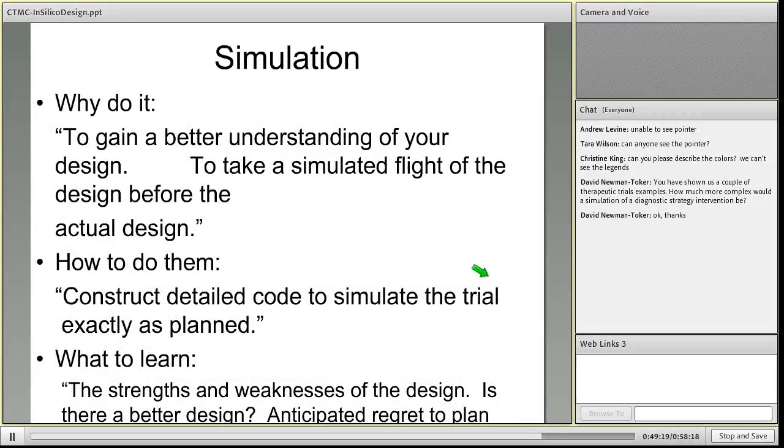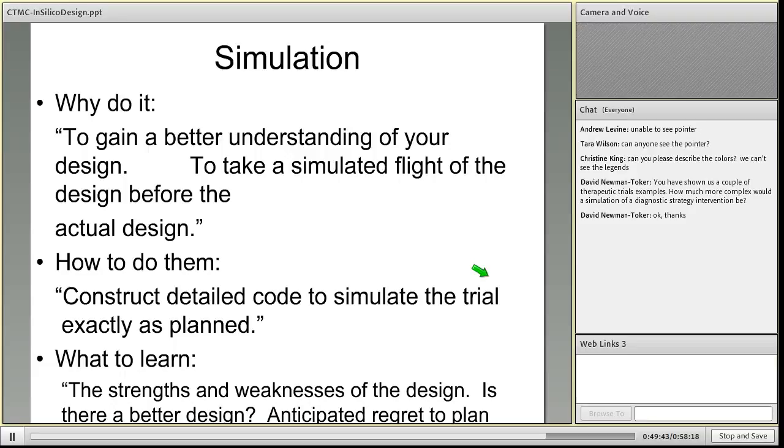So hopefully, why do simulations? These were the questions posed. To gain a better understanding of your design, to see the design in action, to limit anticipated regret, really see a flight simulator for it. How to do them, this is the harder part. It's a new science.